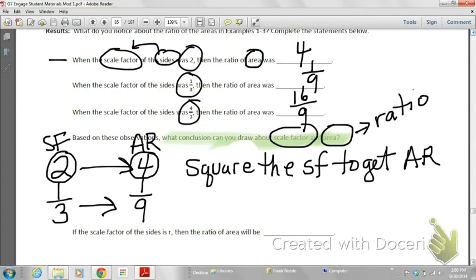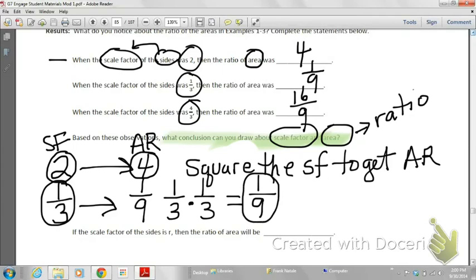Anyway, here we go. Now let's go ahead and square 1/3. How do you square 1/3? 1/3 times 1/3 equals 1 times 1 is 1, 3 times 3 is 9. Look at that. Yes, indeed, it has worked.